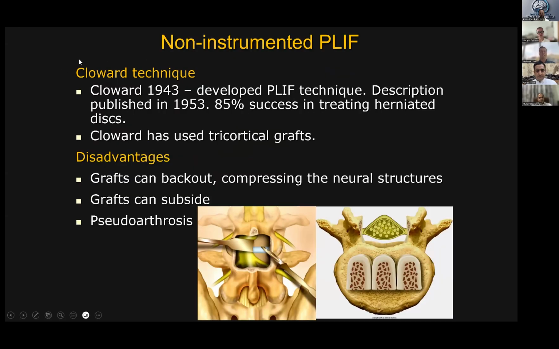And this technique was first used in the literature by Cloward, by placing iliac bone grafts, by just pushing the cauda equina and after curetting this space, placing 3 iliac crest grafts.